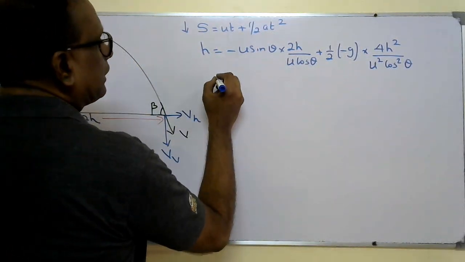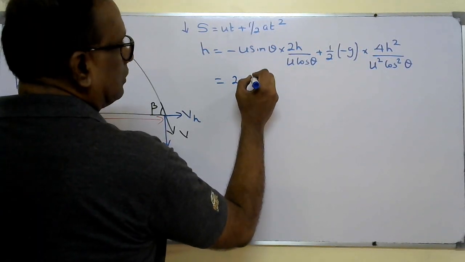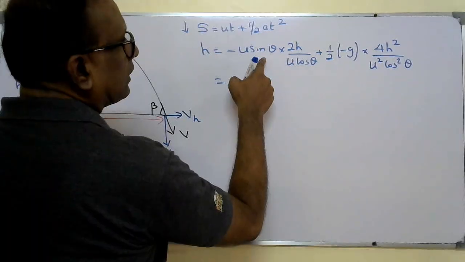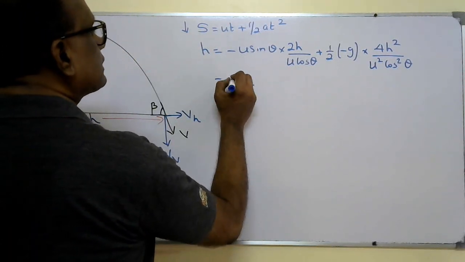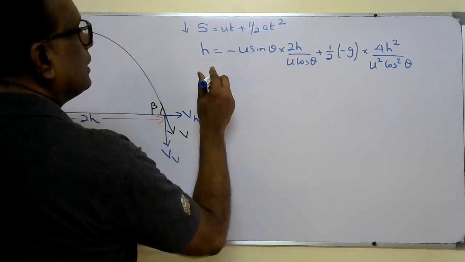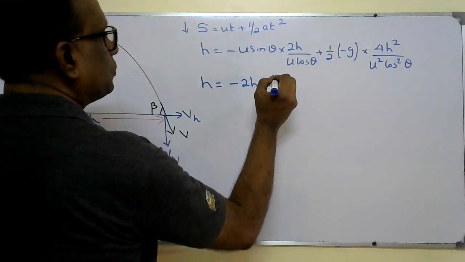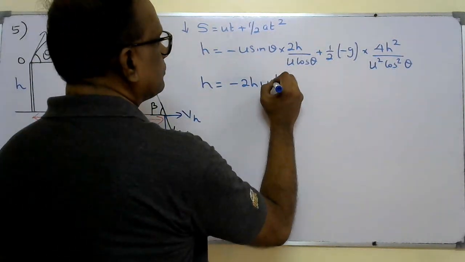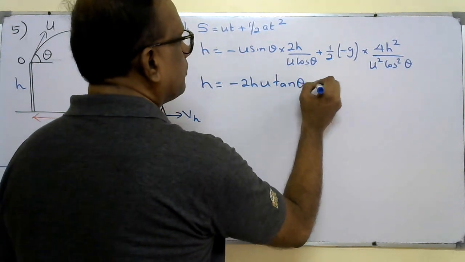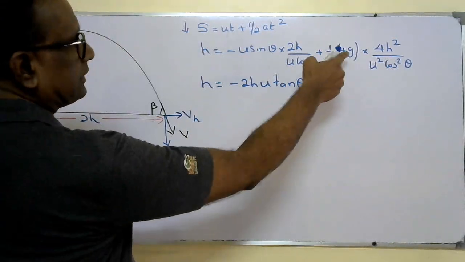So it will become h is going to be minus 2hu tan theta, and this plus, sorry, I made a mistake, plus downwards, that should be plus, right?